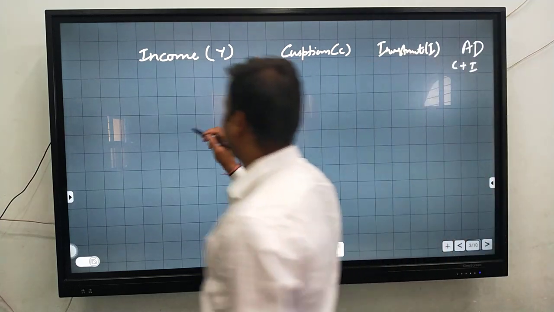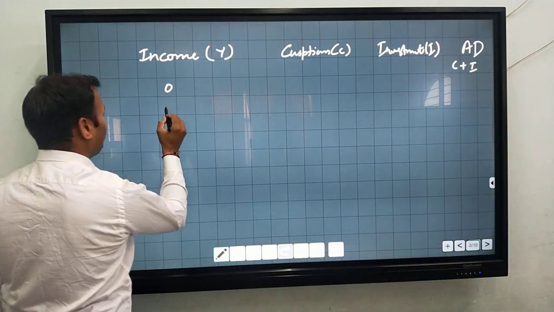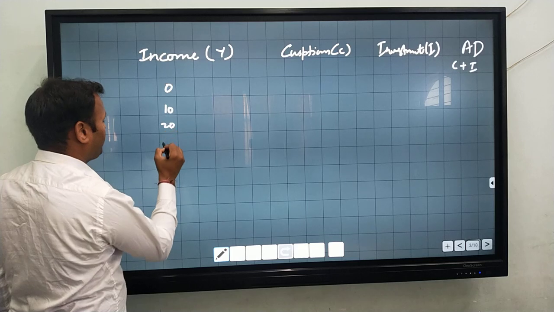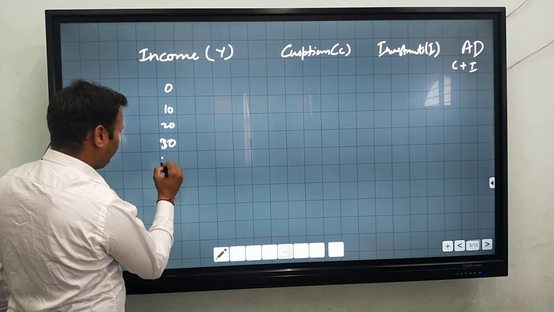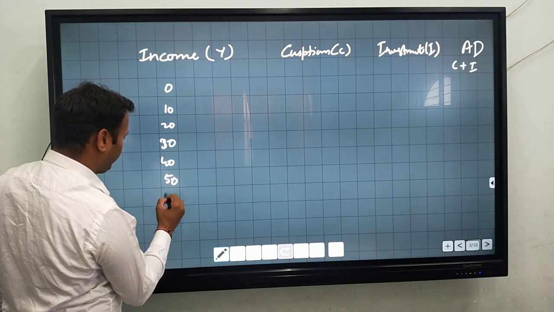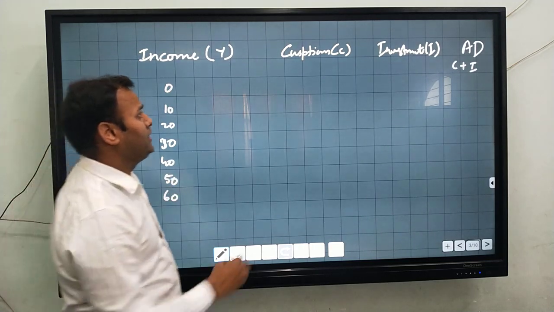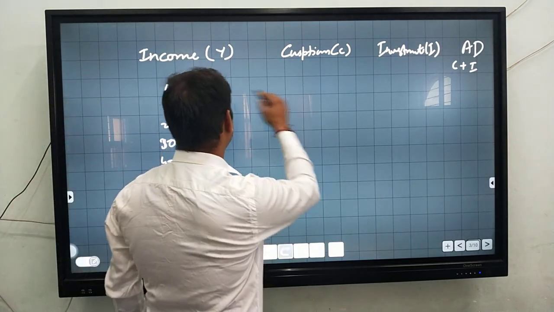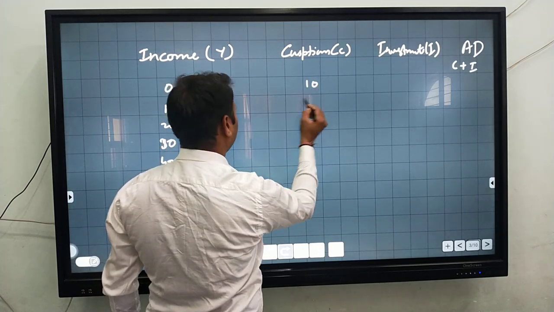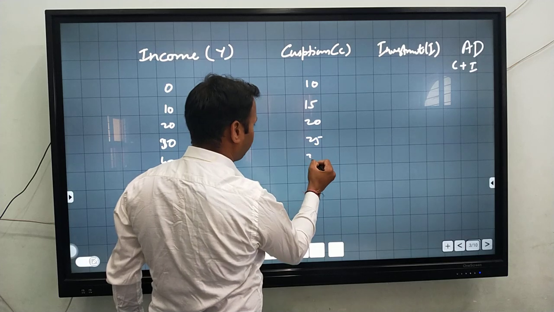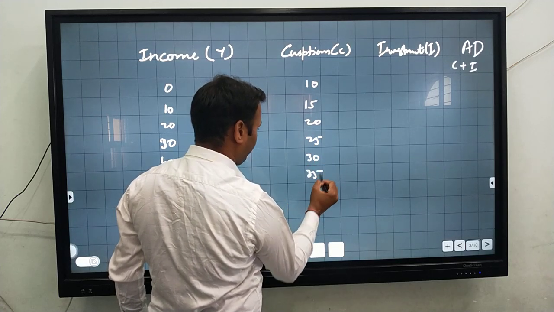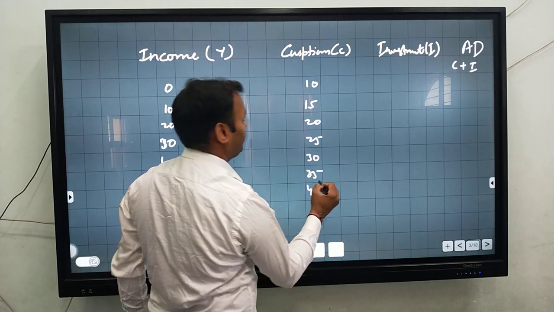So let's take income 0, 10, 20, 30, 40, 50 and 60. The consumption you can write here as 10, 15, 20, 25, 30, 35, 40.